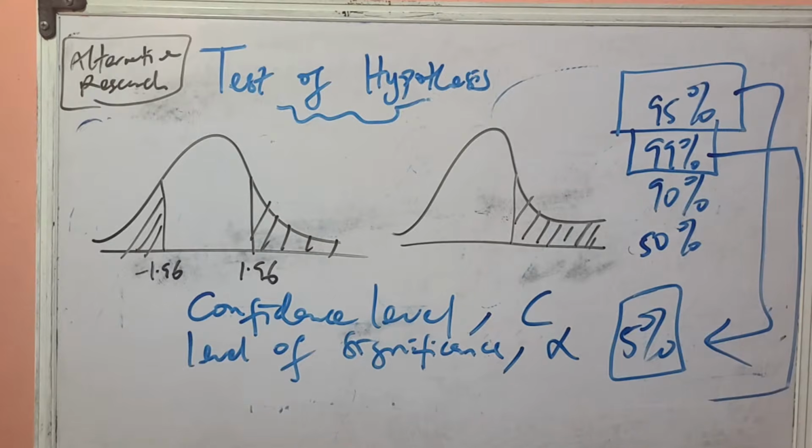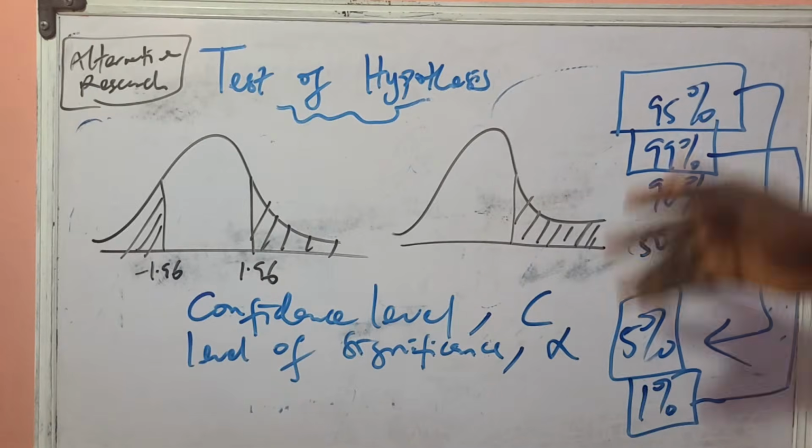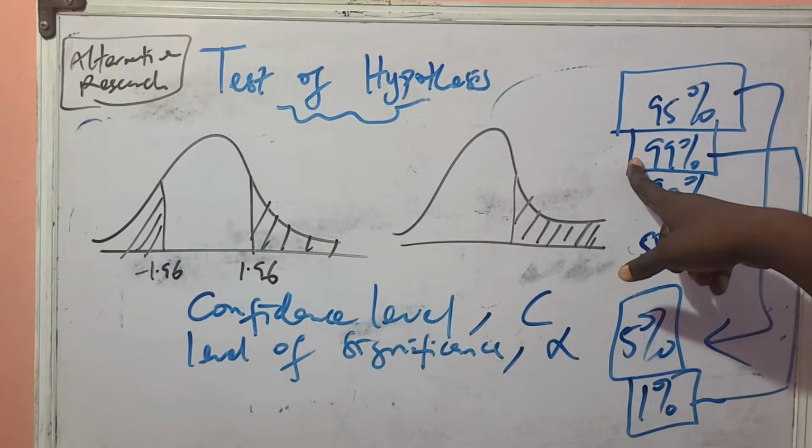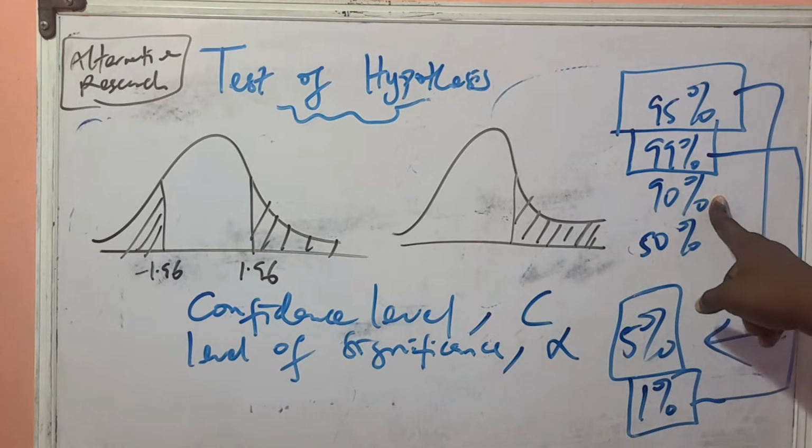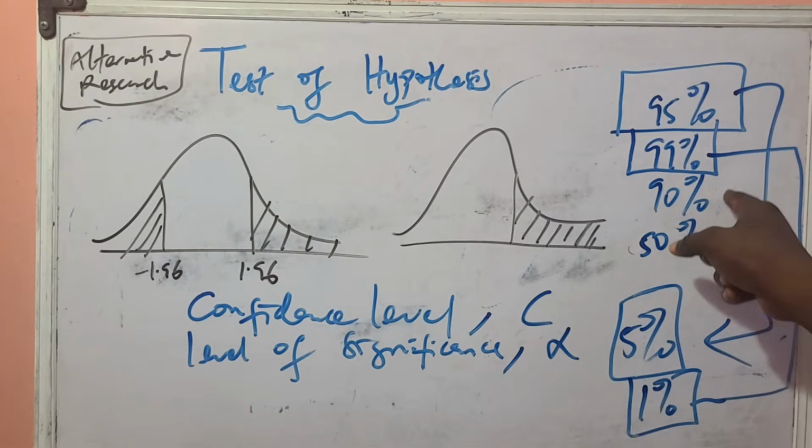Anybody following? 1%. So they work together. At a 95% confidence level, the significance level is 5%. At 99, it is 1%. At a 90% confidence level, it will be 10%.